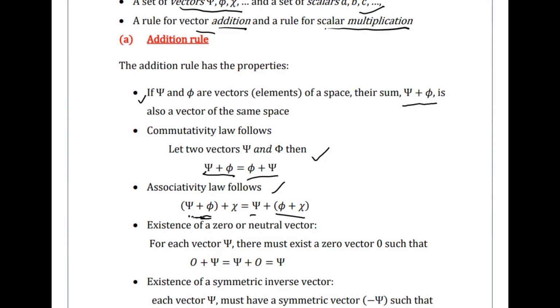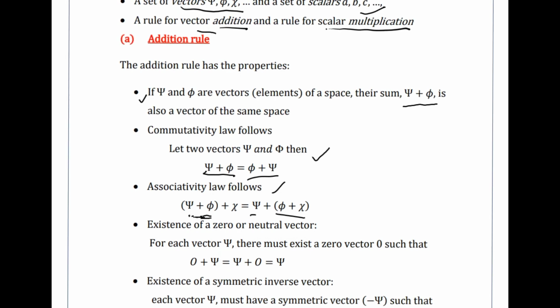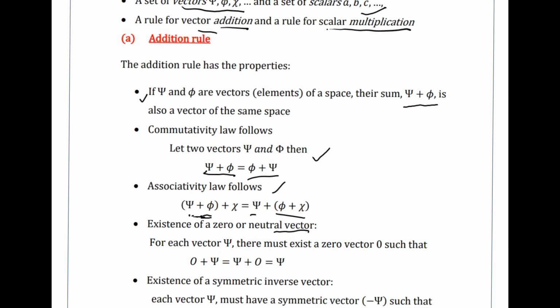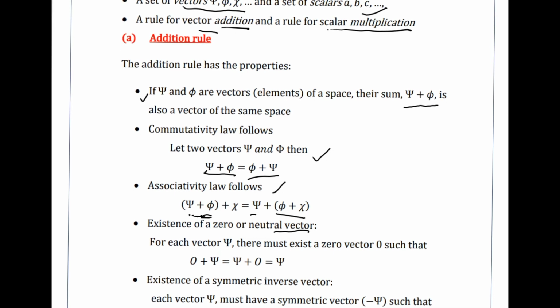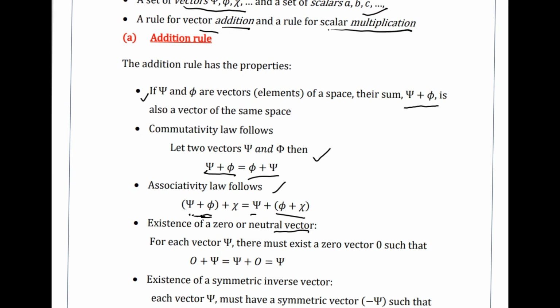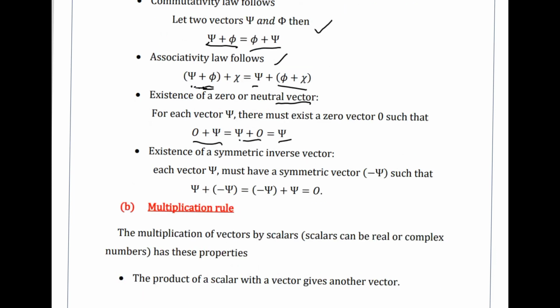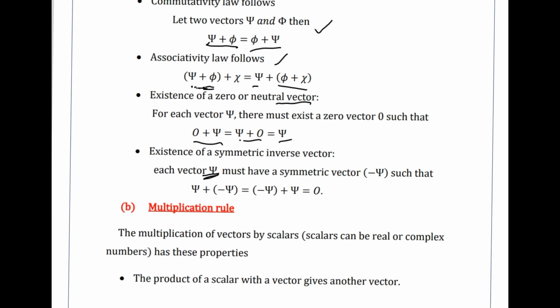And next property is existence of zero or neutral vector in the vector space. इन वेक्टर स्पेस में एक जीरो वेक्टर भी पाया जाता है कि जिस वेक्टर को अगर हम किसी के अपने वेक्टर के साथ ऐड करें तो स्टेट नहीं चेंज होती, मतलब सेम बना रहता है, जैसे जीरो प्लस साई इज इक्वल टू साई प्लस जीरो इज इक्वल टू साई। नेक्स्ट प्रॉपर्टी है एग्जिस्टेंस ऑफ इनवर्स इन द वेक्टर स्पेस। If psi is found in the vector space, then minus psi will also be found in the vector space.